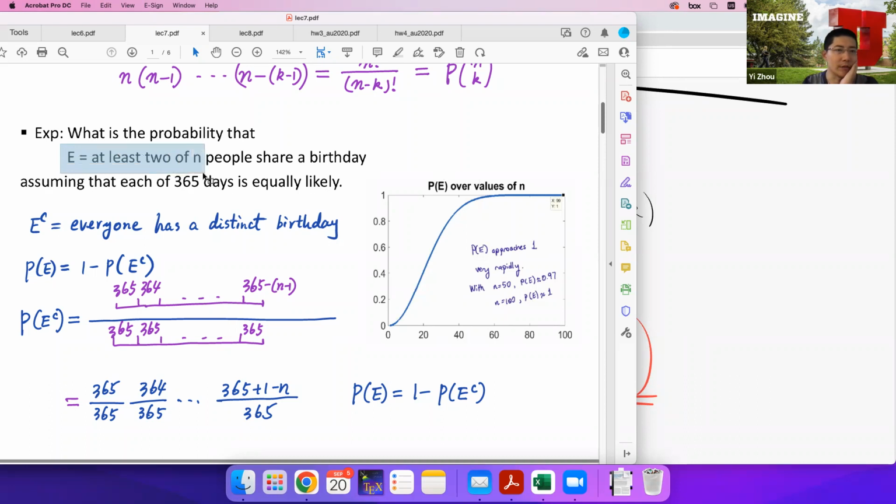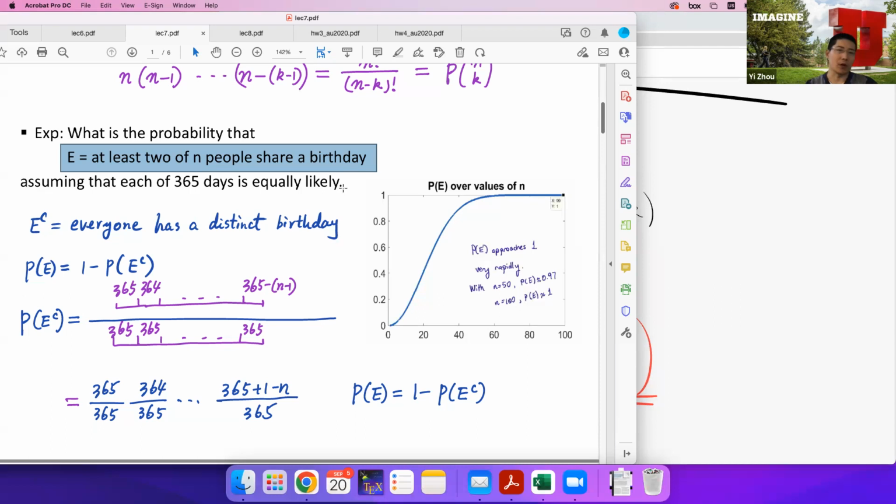So this event is defined as at least 2 people out of n people share a certain birthday. At least, so it could be 2, 3, up to n people. These are different scenarios that belong to this event.